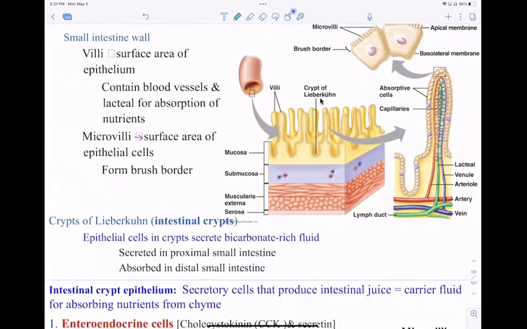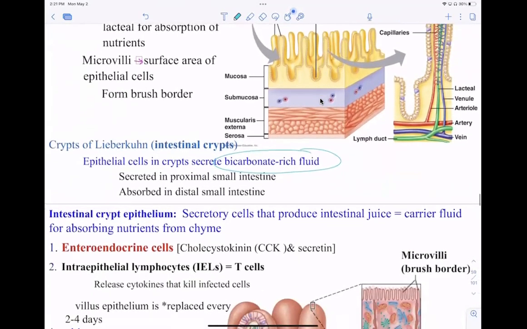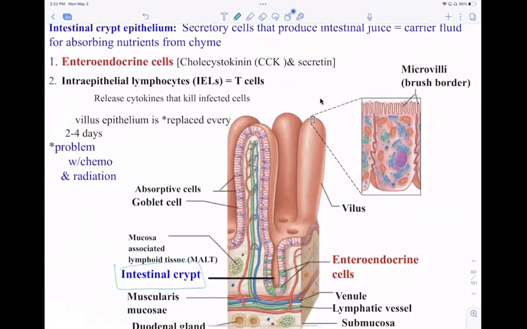The intestinal crypts, this is where that bicarbonate-rich fluid gets secreted from. And by the way, it gets secreted in the proximal end and reabsorbed in the distal end. And so this is showing you these intestinal crypts here with their own enteroendocrine cells for CCK and secretin. There are some lymphatic vessels.